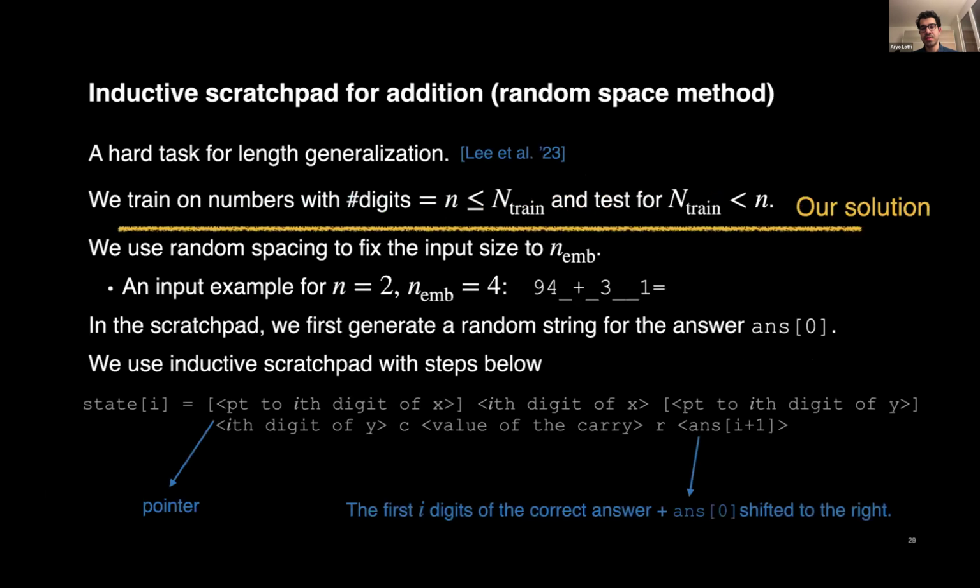We checked the same thing for the addition task, which is another task known to be hard in the length generalization setting. We use the same idea: a pointer to the least significant digit of the first number, a pointer to the least significant digit of the second number, and then the value of them, just adding them and going on. This is each of the states.